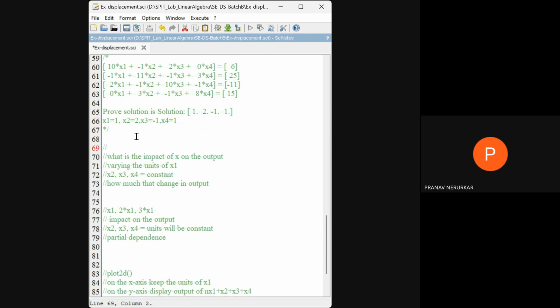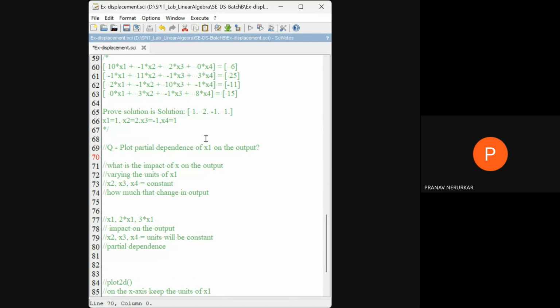That is the question. In simple words, this partial dependence means vary the units of x1, keeping x2, x3, x4 as constant. Find out how much is the change in the output.